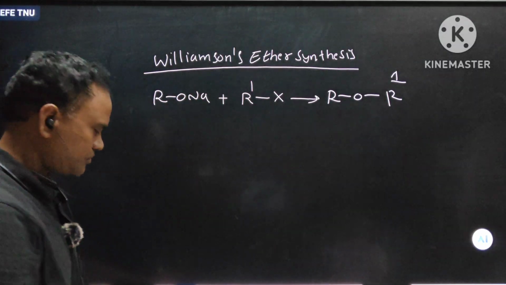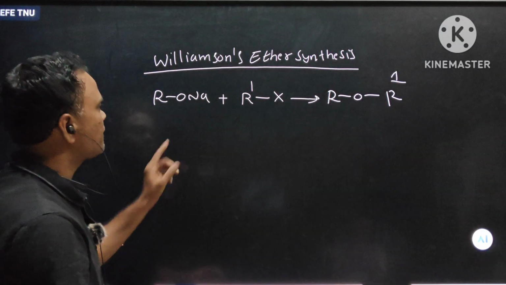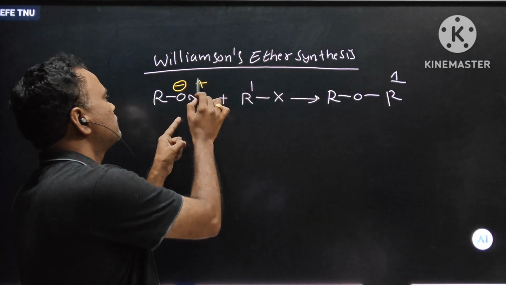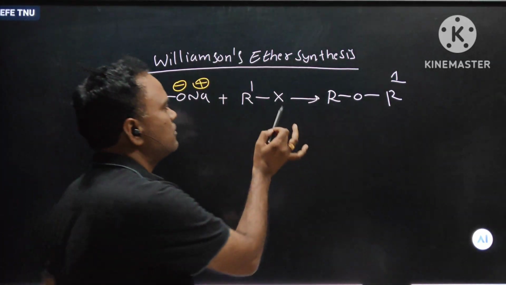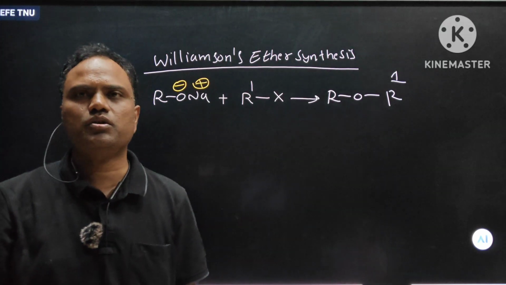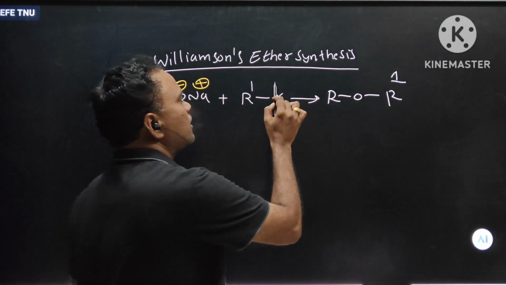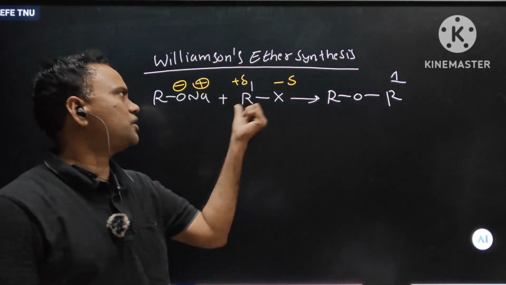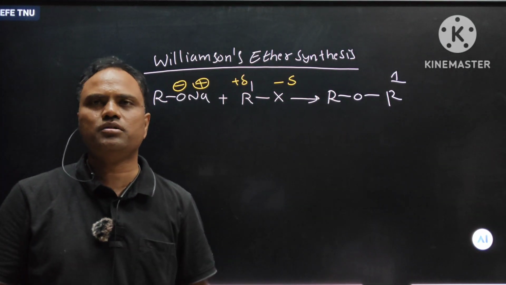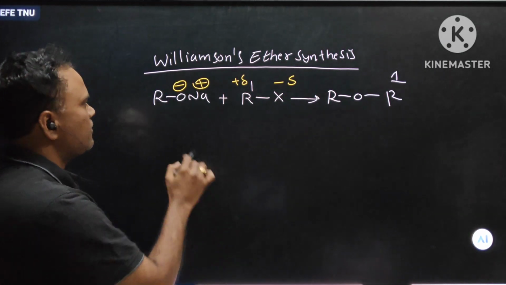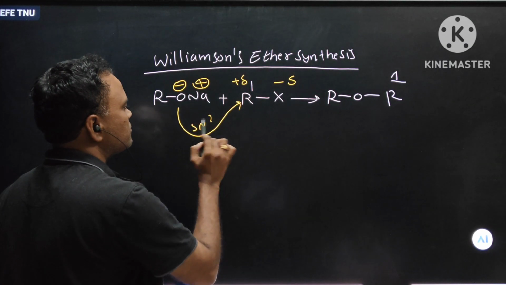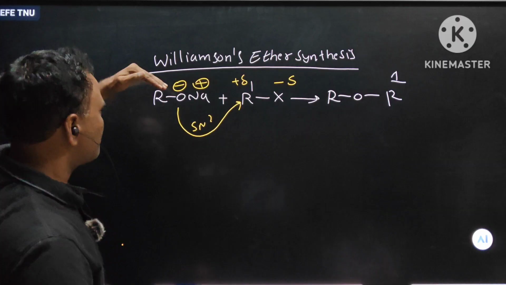See the mechanism. Oxygen has the negative charge, sodium has positive charge. X is the halogen, X equals chlorine, bromine, halogen. Halogen has negative, this R has positive. If one is negative, the other one is positive only. Now see, it is a type of SN2, backside attack, SN2 mechanism.